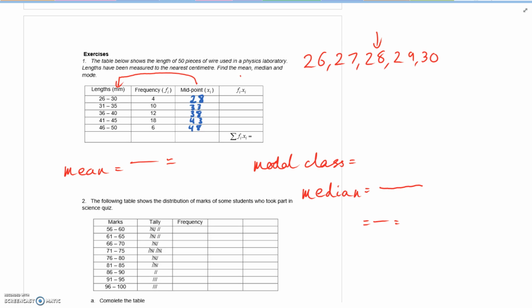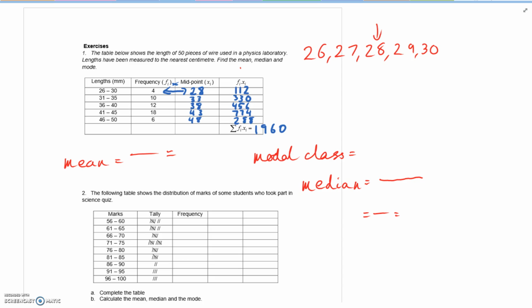What I'm now going to do is multiply my frequency by my midpoint. So in this case, 4 times 28 is 112. I've just filled in all those values there, multiplying the frequency by the midpoint, and then this value is the sum of all of those values.